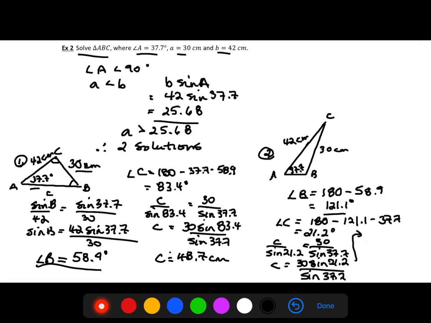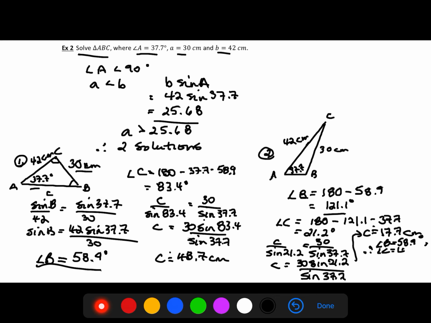So c is equal to 30 times sine 21.2 over sine 37.7, which is approximately 17.7 centimeters. So you can see if there are two solutions, it is a fair amount of work, but we do have to do all of that because there are two possibilities unless we know what angle B is. Then it's pretty straightforward.